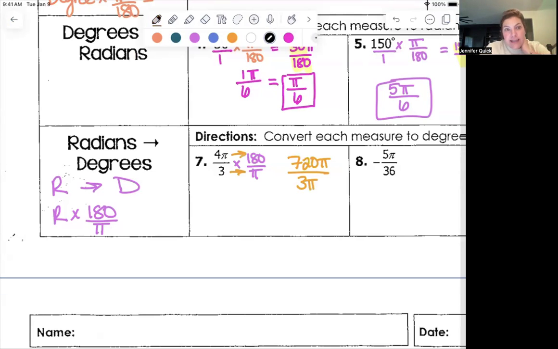You guys know from that chapter of rationals, anything that you see on the top and the bottom can reduce. So pi over pi nixes and goes away. So all I'm doing is 720 divided by 3. So 4 pi over 3 into degrees is 240.